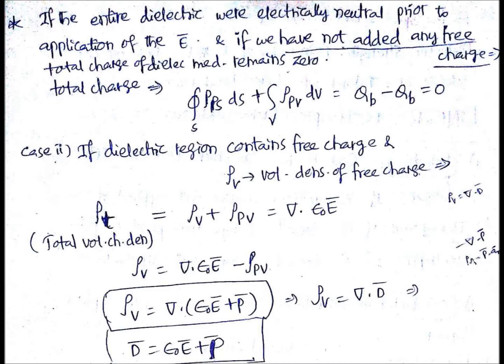If you see that previous formula of potential, you can get that. So I am combining both of them, and if you use rho v equals divergence of d bar, then you will get that d bar equals epsilon naught E bar plus P bar. That is polarization, not dipole moment, and one more time I am saying. So finally you are getting this d bar, which is nothing but the electric flux density.